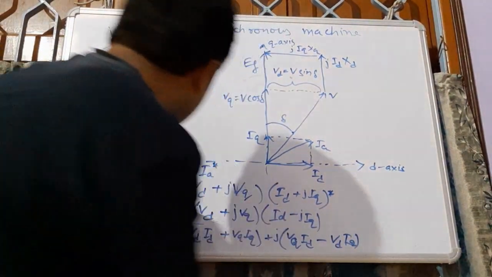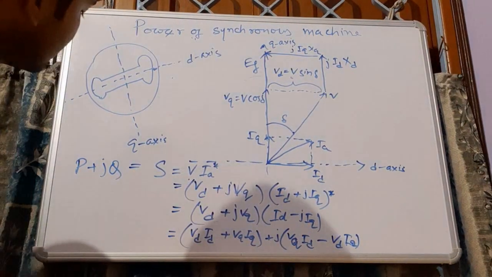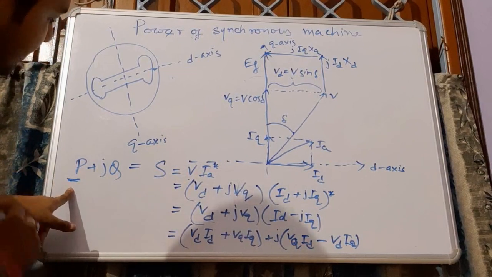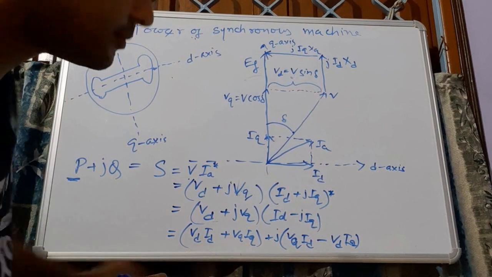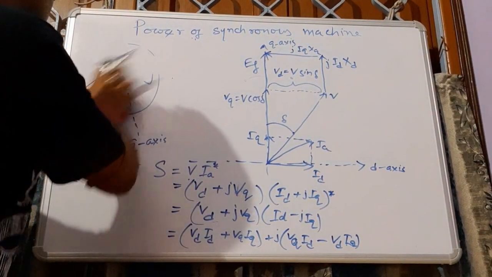It can be written also as P plus jQ. So our active power is VD ID plus VQ IQ, right?